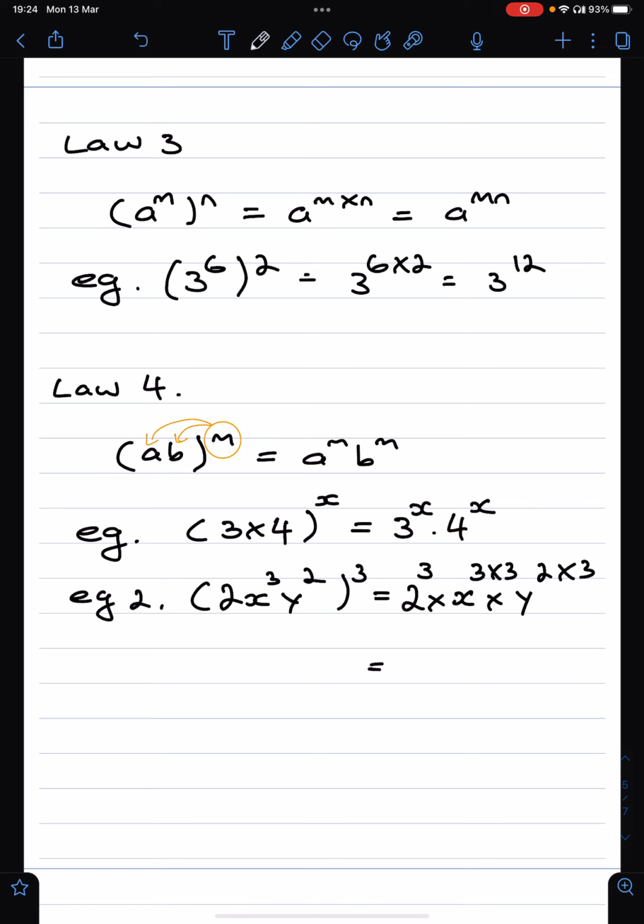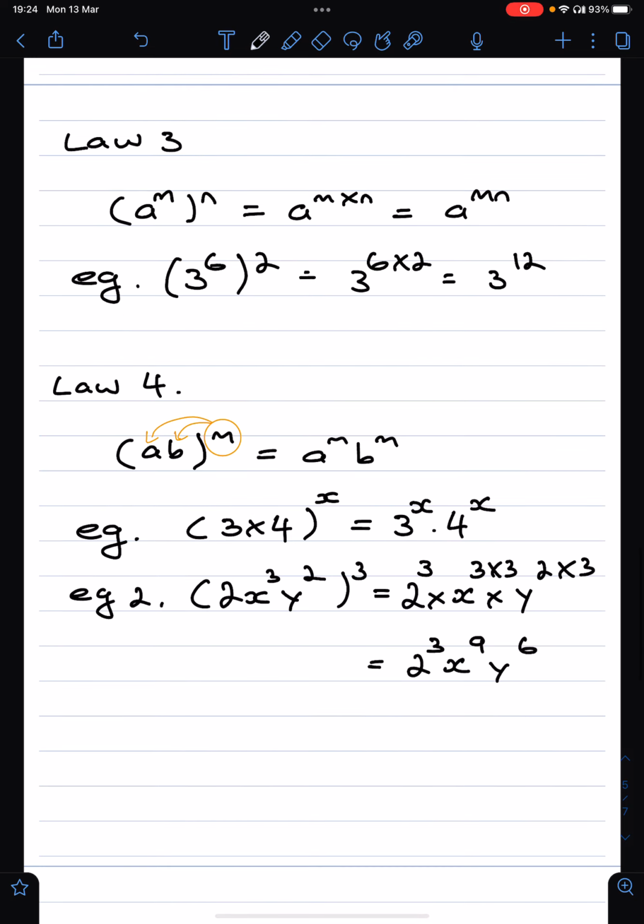So the solution then becomes 2 to the power of 3, x to the power of 9, and y to the power of 6.